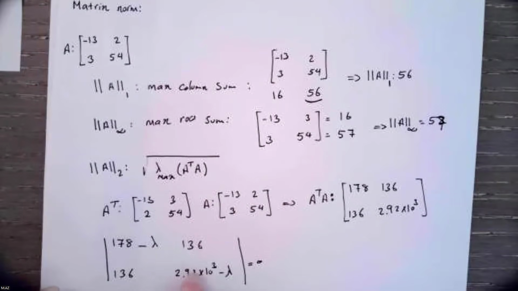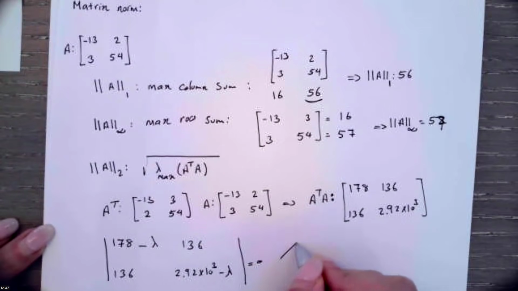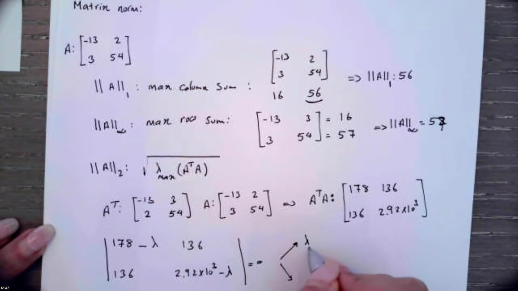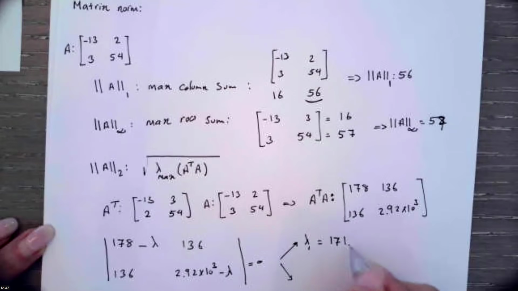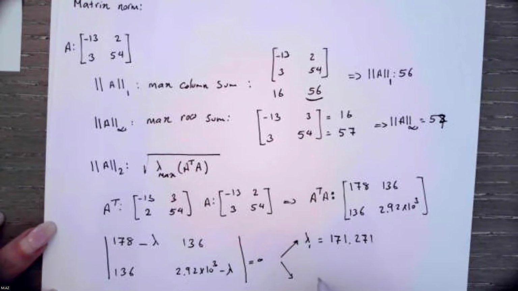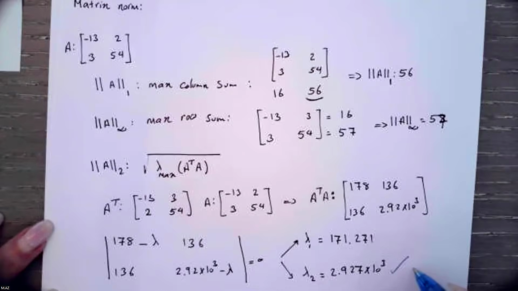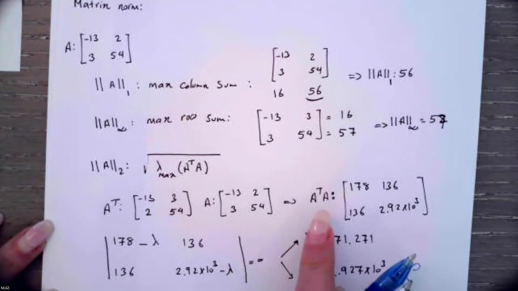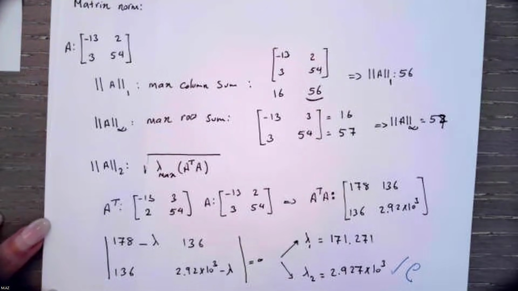Once we solve this determinant, we have a quadratic equation, and we will have two roots. Lambda one is 171, 271. This is one of the roots of the quadratic equation, and this is the second root. As you can see, this is the maximum value, the spectral radius of A transpose times A. Now we have to take the square root of this number.